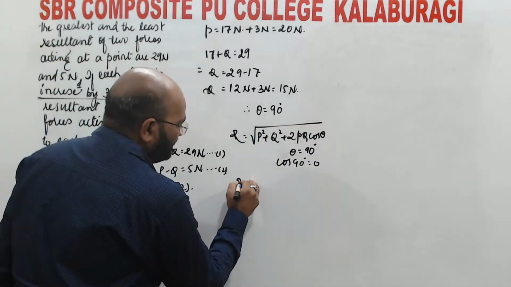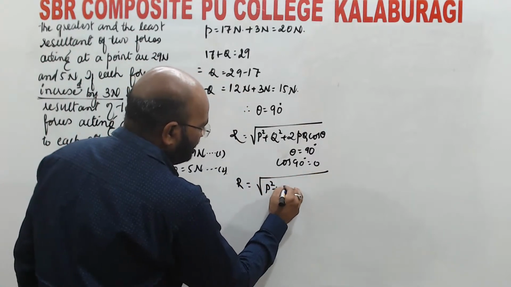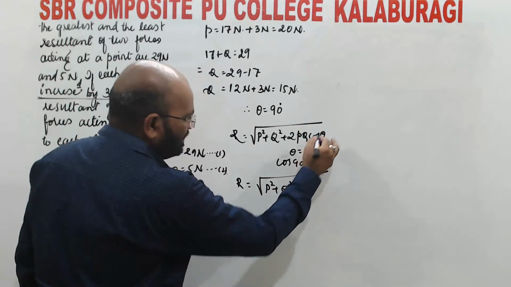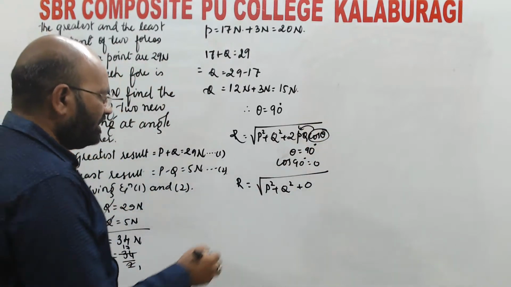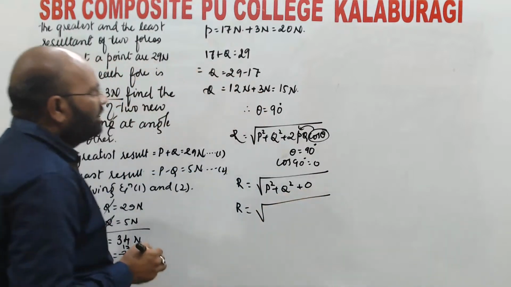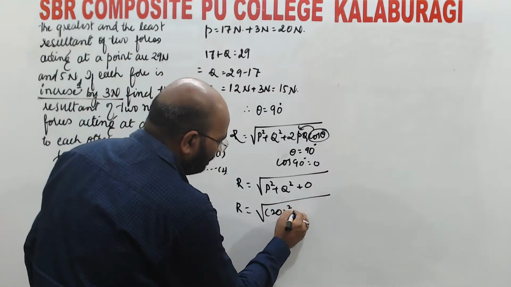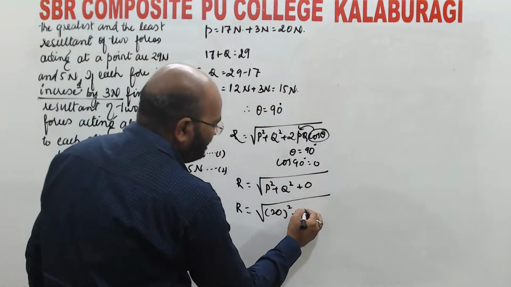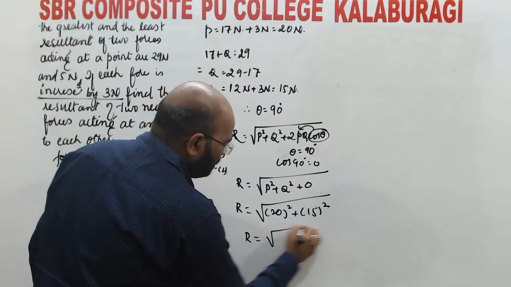Substitute here, resultant R is equal to under root of P square plus Q square only, because 0 multiplied by anything is 0. Then we know the resultant value: P is how much? 20 whole square plus Q is how much? 15. So this is 15 square.